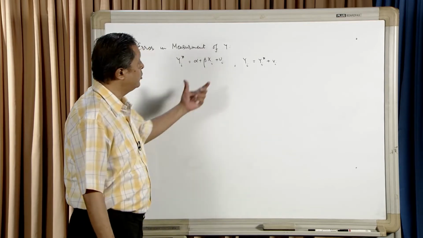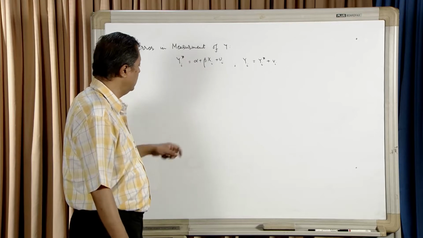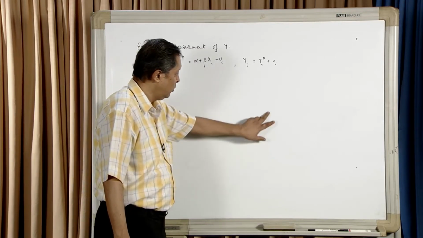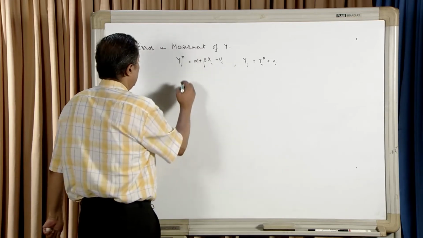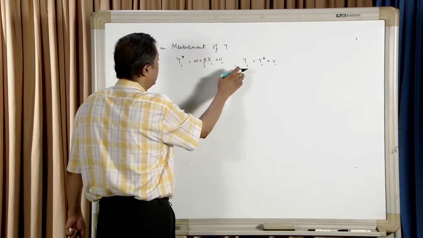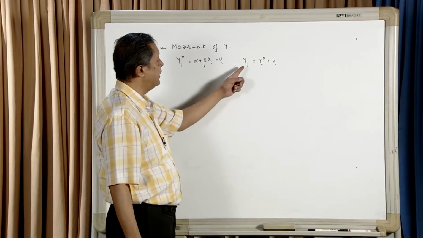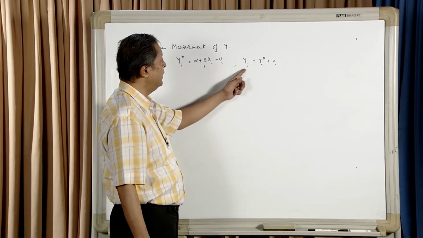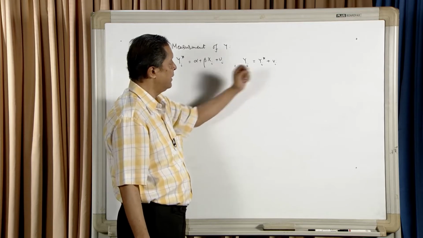So, when we take account of this in the model, we are actually regressing yi on xi, because the researcher has data on y and x, but this y is not correctly measured, it is the correct measure plus some error.